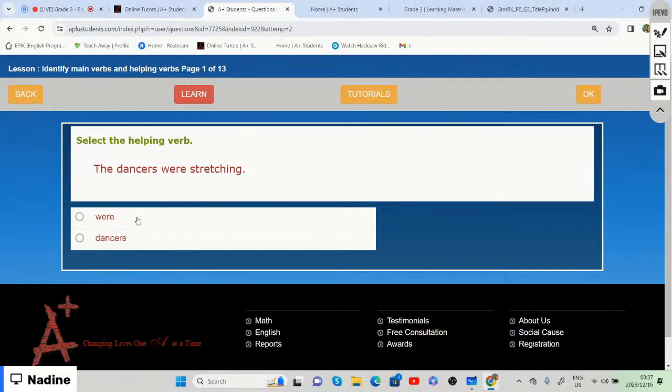Is it were or is it dancers? We need to select the helping verb.